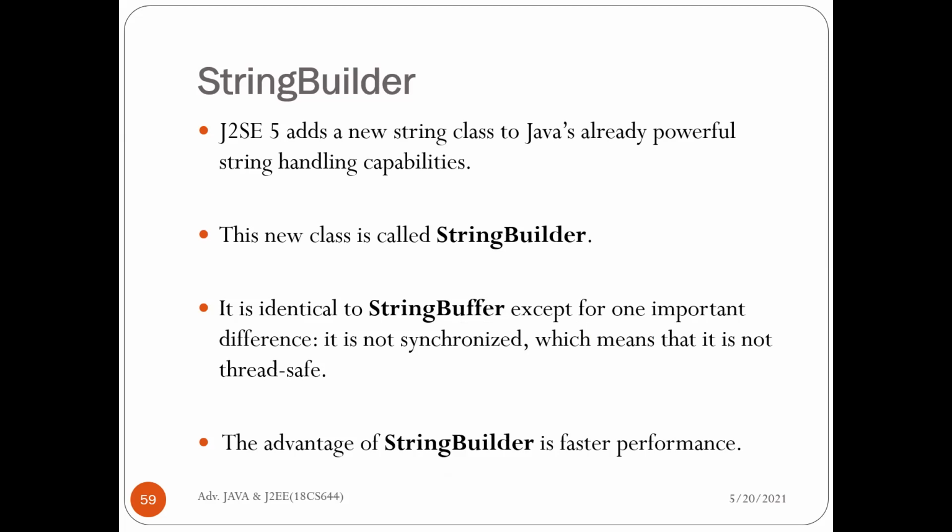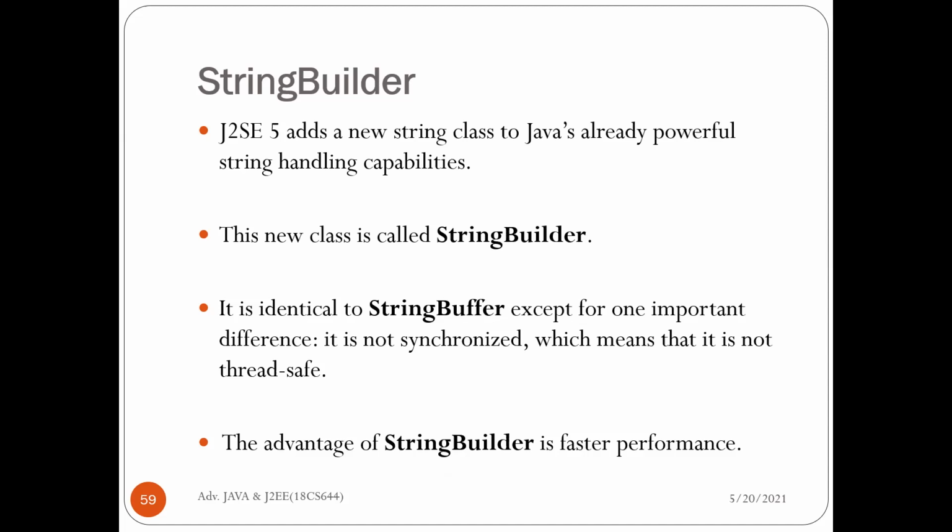Thread safe means, in a program there can be multiple threads. A thread is a lightweight process. If multiple threads are accessing the same string variable, then some mechanisms are provided by the language so that when one thread is accessing, no other thread can access that particular value.